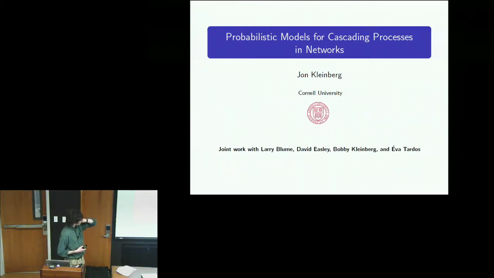It's joint work, a collaboration between some theoretical computer scientists, Bobby Kleinberg and Éva Tardos, my colleagues in CS, and then we worked with Larry Blume and David Easley, who are microeconomic theorists in the economics department. David has this dual life as a financial markets person and a microeconomic theorist, so he does empirical work on financial markets and also some theory.